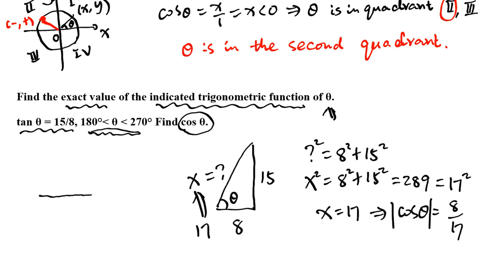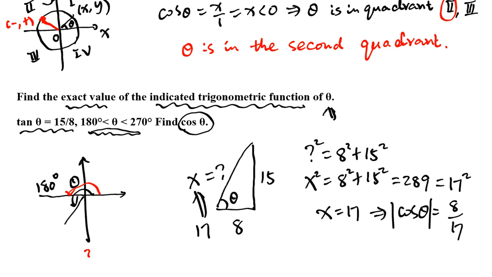Where is that angle? Angle is right here, theta. Because here is 180 degrees, a straight angle. You may want to mark 180 like this.